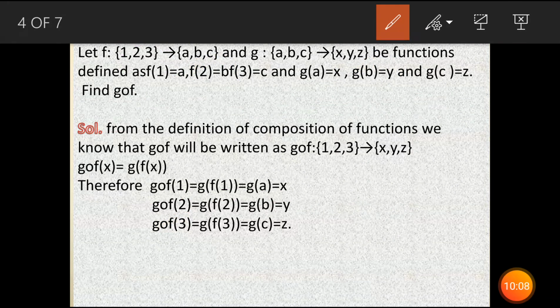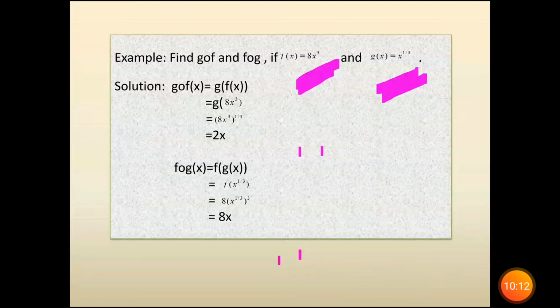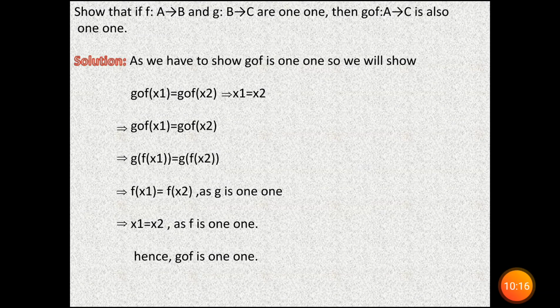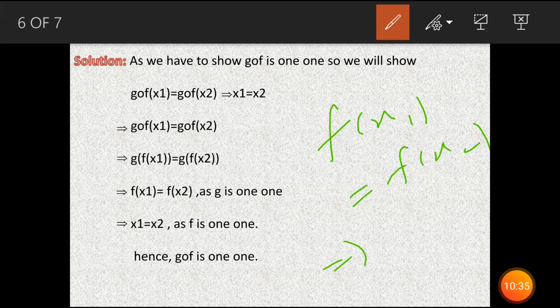Now we are going to see a few theorems. The first theorem is: show that if f is a function from A to B and g is a function from B to C are 1-1, then GOF is also 1-1. As you know the definition of 1-1, f(x1) equals f(x2) implies that x1 equals x2.